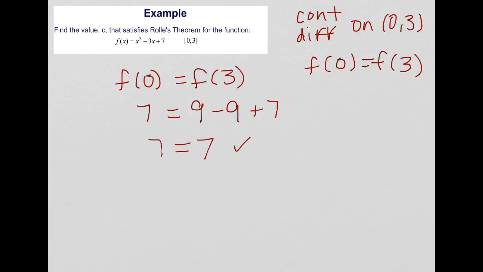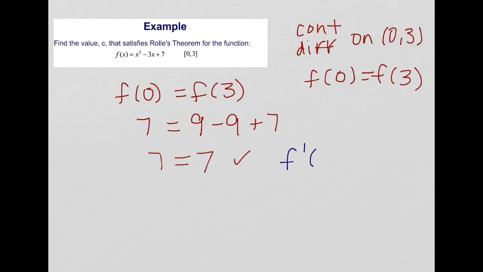So now I'm looking where the slope of the tangent is equal to 0, which in calculus terms means taking a derivative. So if I take the derivative, I get 2x minus 3. And I want to know where that equals 0.